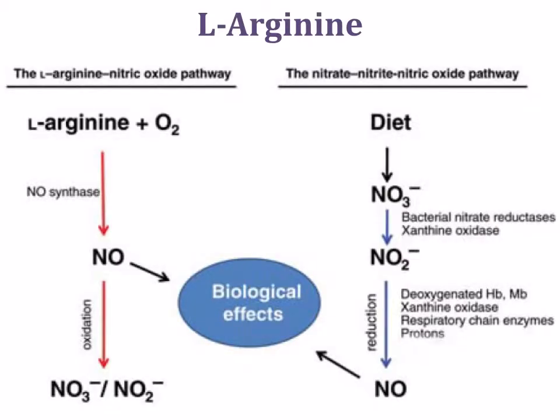The amino acid L-arginine is another novel nutritional strategy to potentially stave progression of vascular dysfunction with aging and cardiovascular disease, as it is a substrate for the synthesis of nitric oxide.